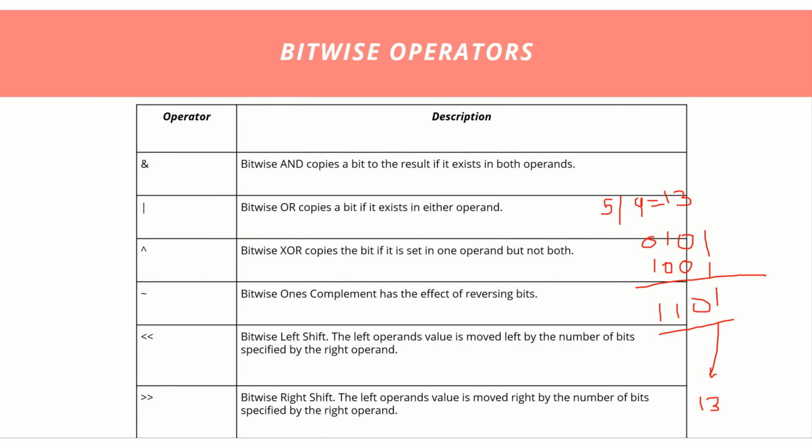Next is the bitwise XOR. It takes two numbers as operands and does the logical XOR operation on every bit of the two numbers. The result of XOR is 1 if the two bits are different. Let's see the truth table of XOR first.